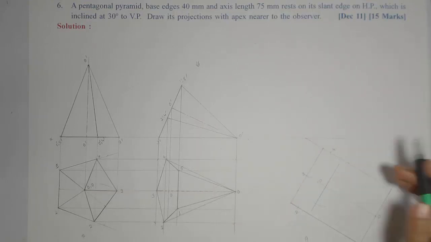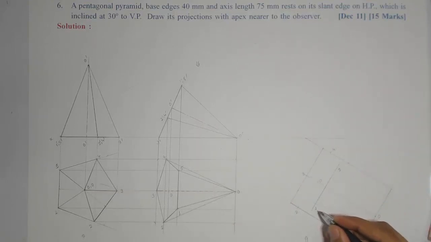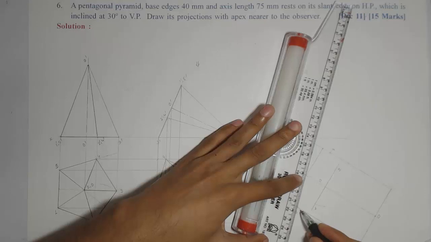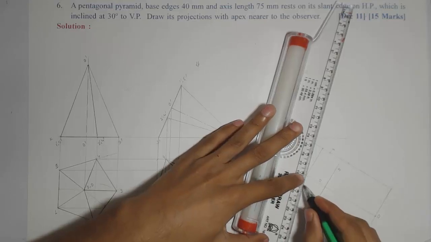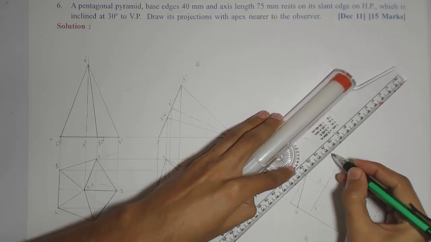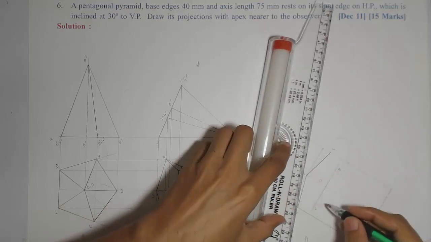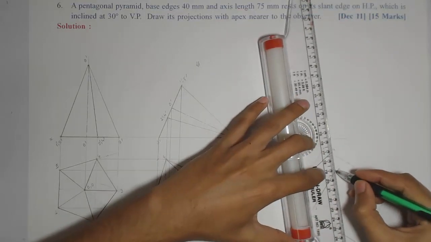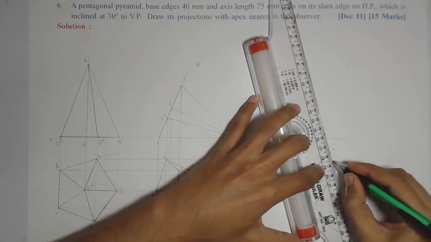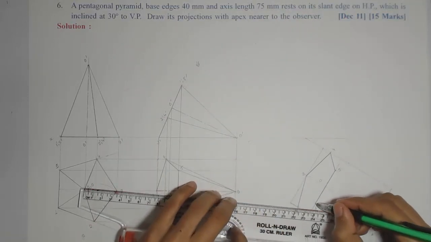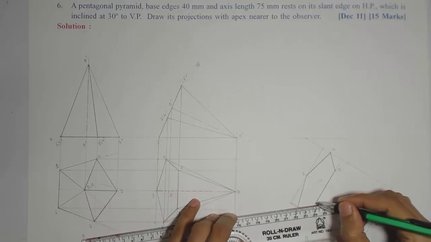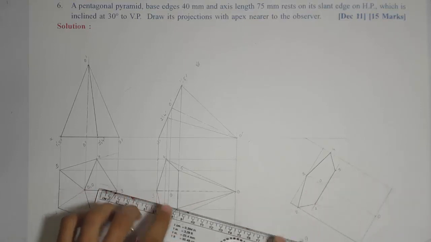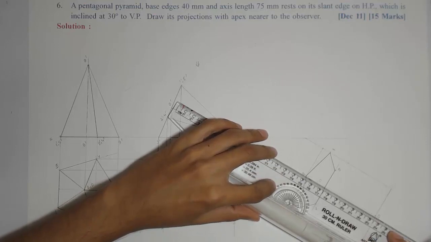Okay. Now after marking all the points, we will redraw the top view with the same visibility. Base will be dark. 3 to O is dotted, rest all the slant edges are dark.